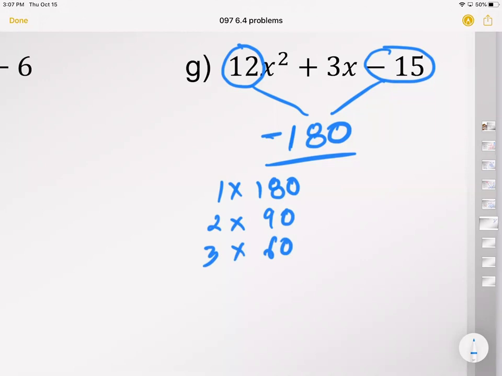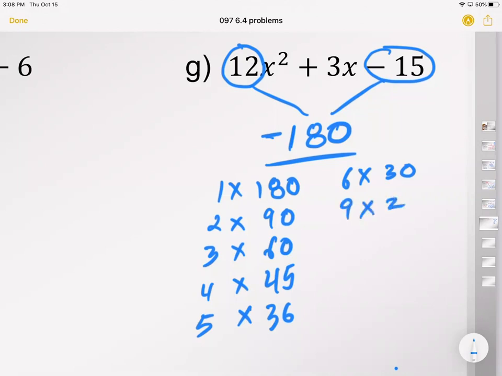If you look at this, we say 1 times 180, 2 times 90, 3 times 60, 4 times 45, 5 times 36, and then 6 times 30. 7 cannot go into this. 8 cannot go into here. 9 times 20.